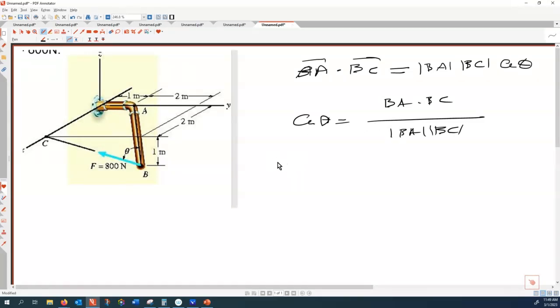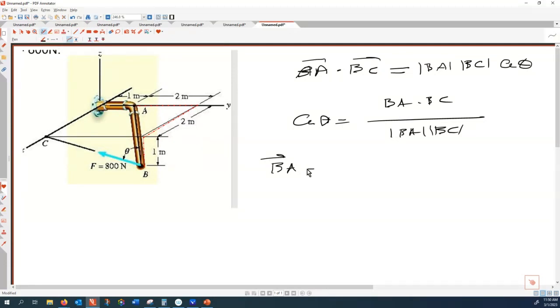How do I find BA? We want to find BA. I go 1 unit in the positive Z, and then I go 2 in the negative I, and 2 in the negative J, correct? This is BA.